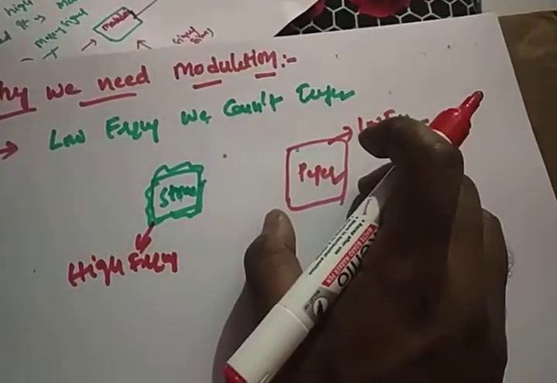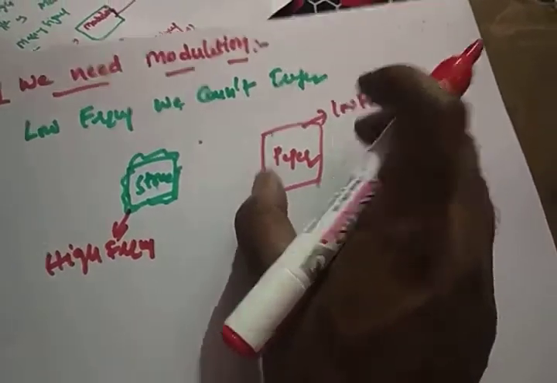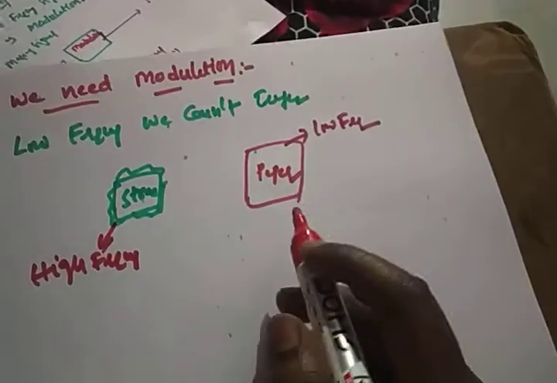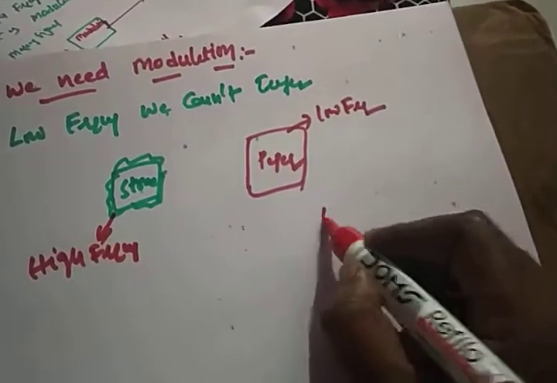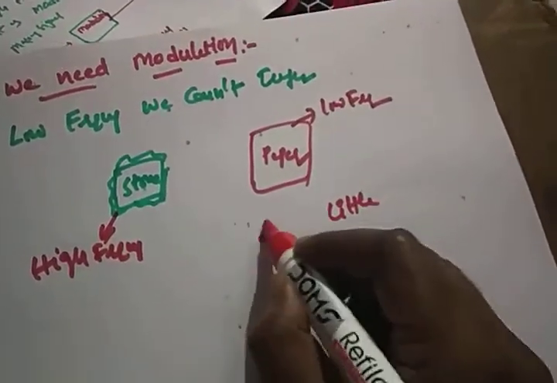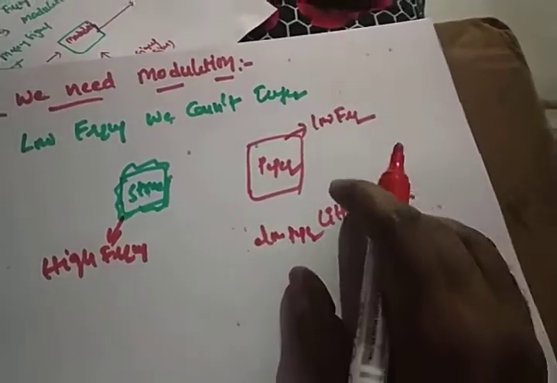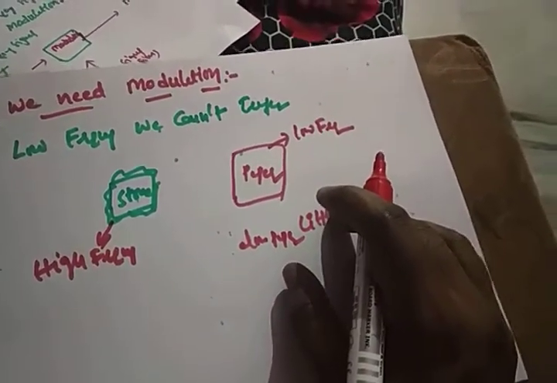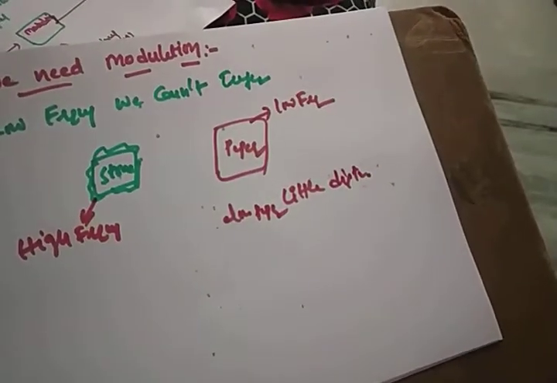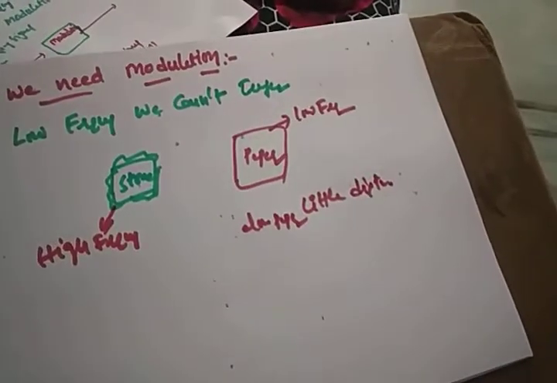The paper alone, we can't transfer for large distances. Paper alone can go only a little distance. You can transfer for a little distance, but if we need to transfer this paper from Nellore to Macharla, it's very difficult with paper alone.